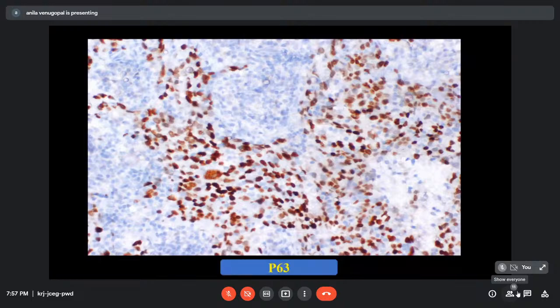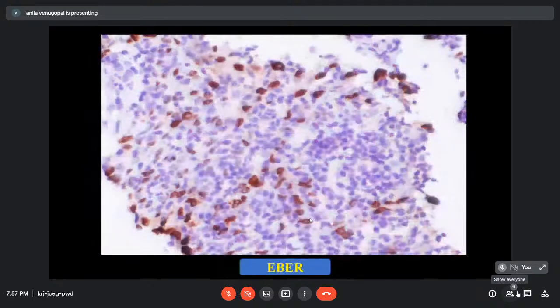Because this child had presented with no known primary, we proceeded with EBER also, and this EBER shows nice nuclear labeling. So with all this, the morphology was fitting. As I mentioned in my lecture, it was a level 5 posterior cervical node, so in head and neck cancers we will think of a nasopharyngeal primary.